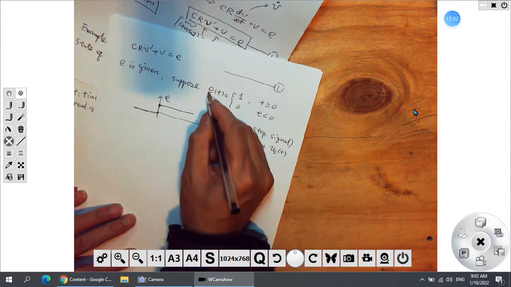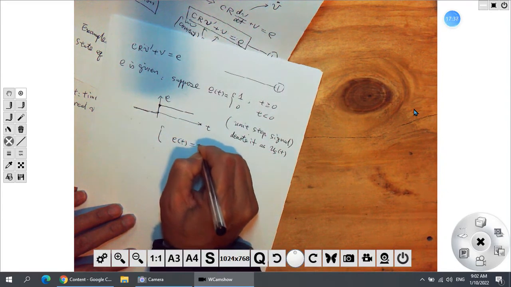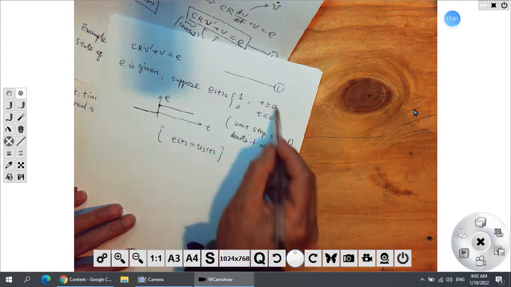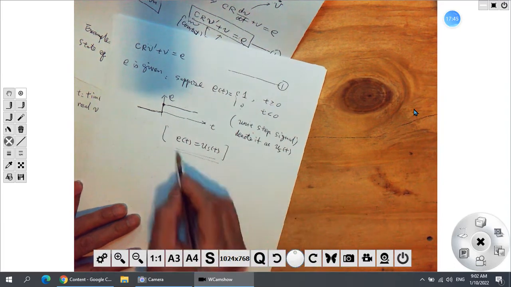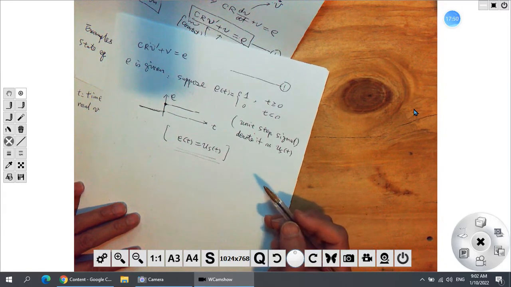So we can also write E of t equal to US of t. Then what is V? Makes sense, right?